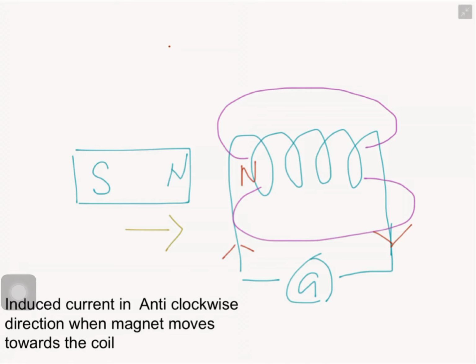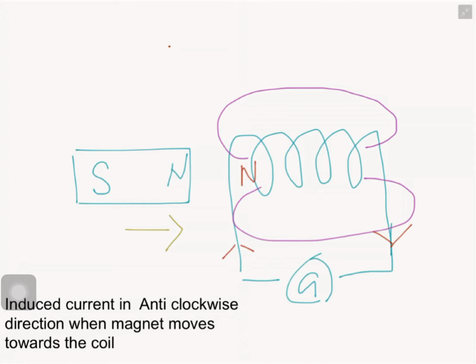So the current is induced in the coil in such a direction that it opposes the increased flux.